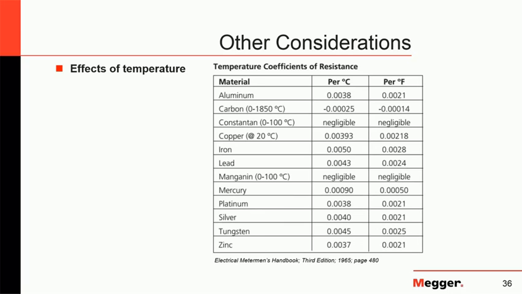In most electrical applications, of course, we use either aluminum or copper. For aluminum, you have a coefficient of 0.0038 per each degree C, and for copper, it will be 0.00393.